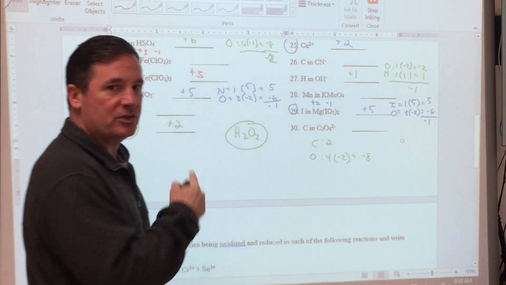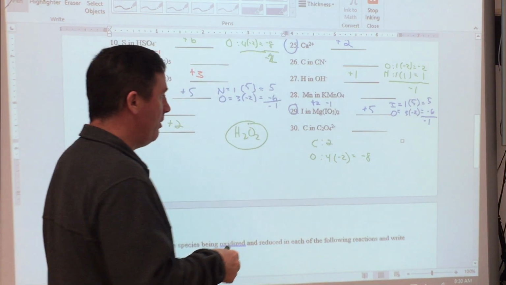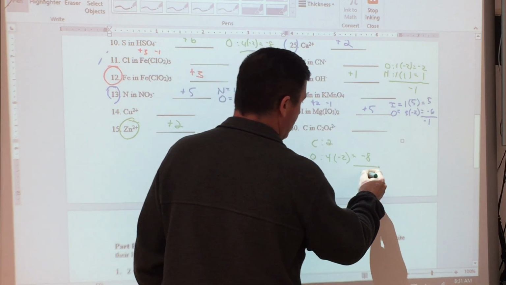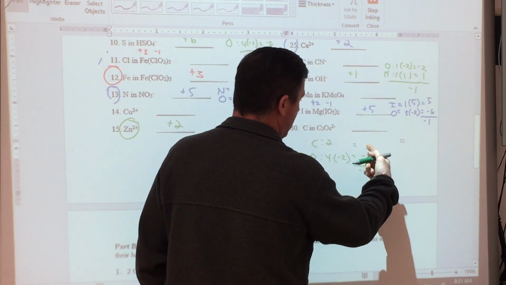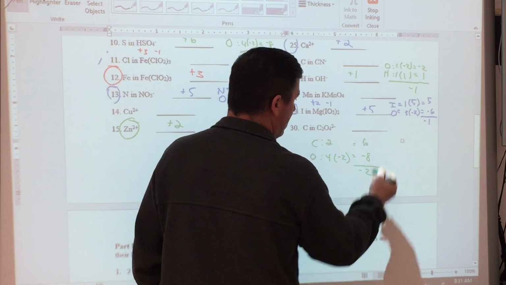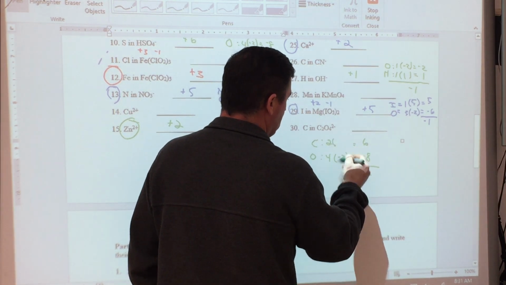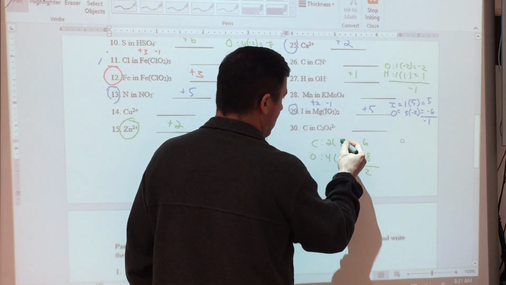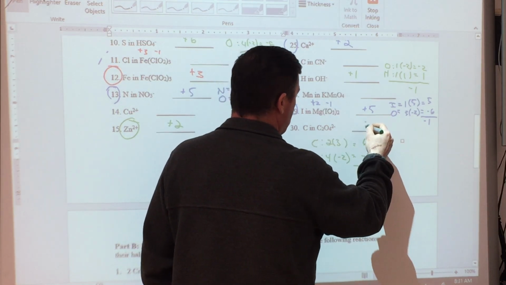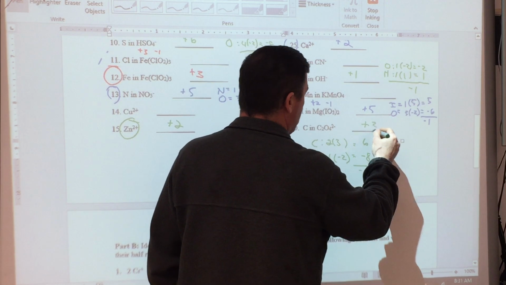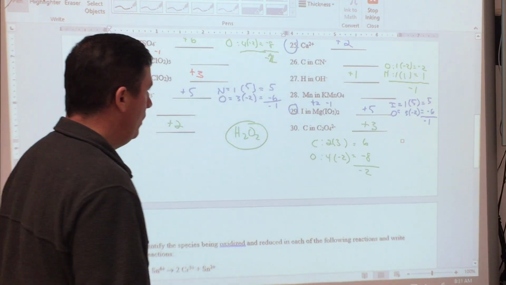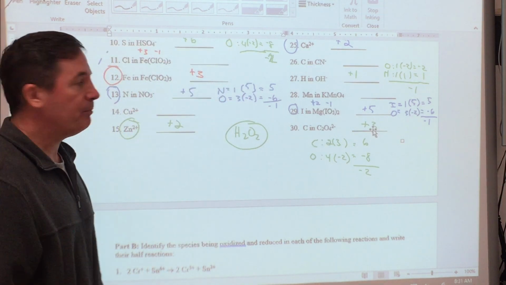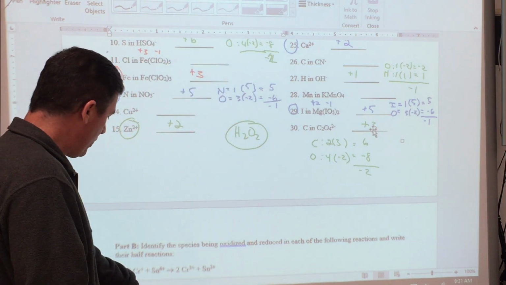Think about it, that's pretty much the only one where oxygen will be a -1. So -8, my total here is -2. This number here has to therefore be 6. And because of that, 2 times what is 6? That's got to be 3. In this case, carbon is going to be a +3. Okay? You have to know how to run through those. So that's the homework.